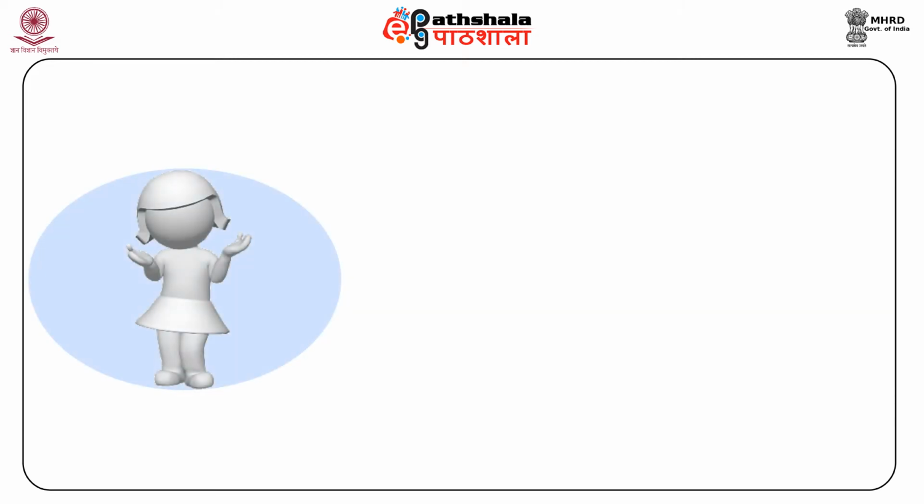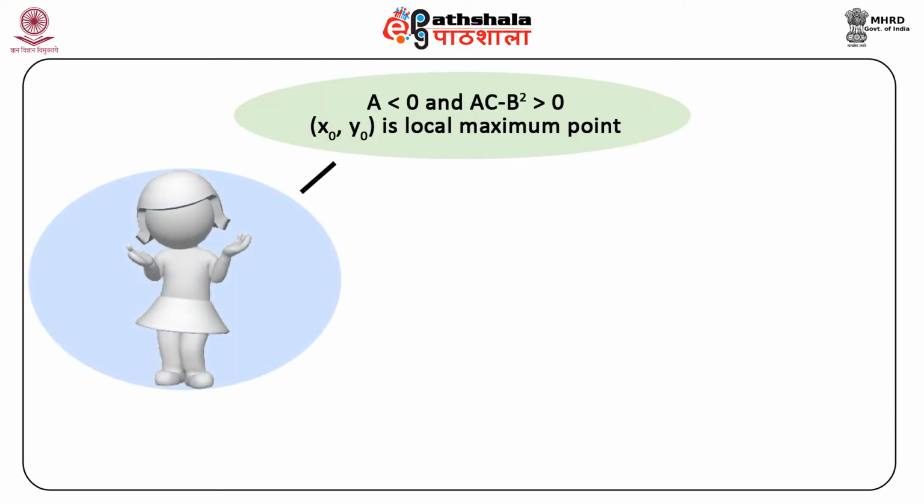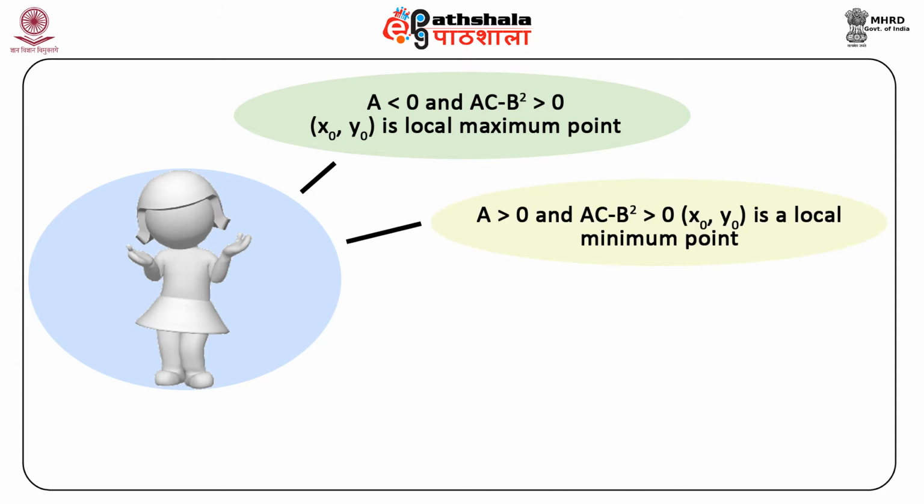Now, if A is less than 0 and AC minus B square is greater than 0, then (x0, y0) is a local maximum point. If A is greater than 0 and AC minus B square is greater than 0, then (x0, y0) is a local minimum point.